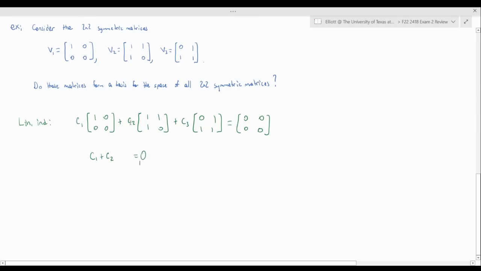You're going to get 0C1 plus 1C2 plus 1C3 is 0. You're going to get the same equation if you use the third entry because the matrices were symmetric, so you don't need to write that one down. But the last equation is going to be 0C1 plus 0C2 plus 1C3 is 0.